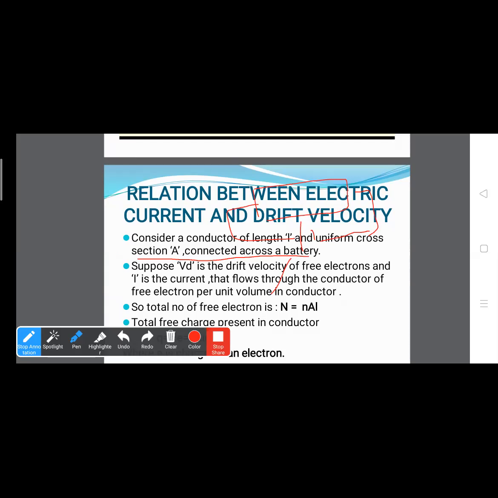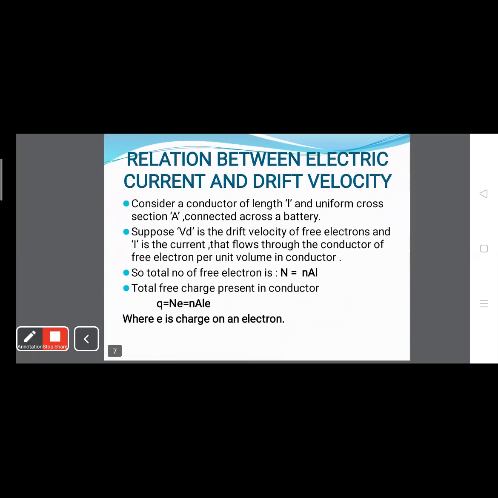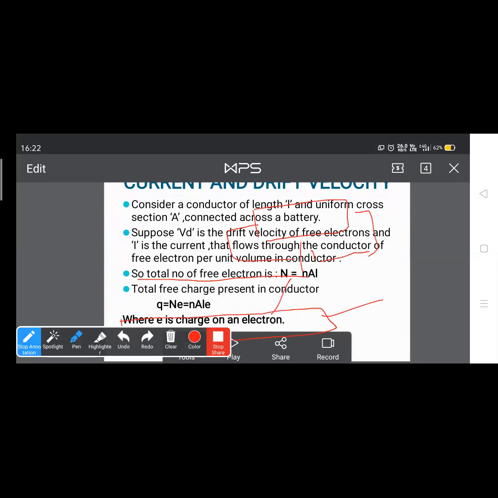Suppose n is the number of electrons per unit volume. So the total number of electrons is given by nAL. The total free charge present in the conductor is, we already know this formula, Q equal to Ne. So the total charge present in the conductor is nALe.